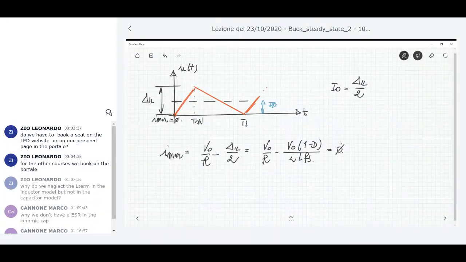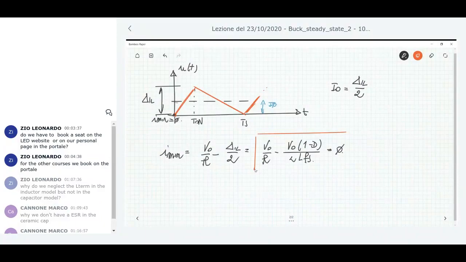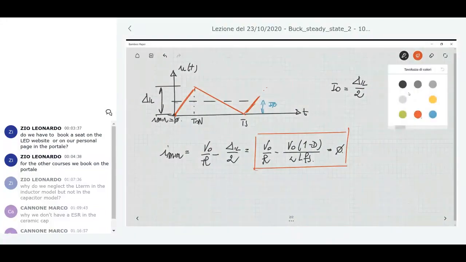So from that specific equation, we can derive, for example, the inductance value that leads to the minimum current equal to 0.